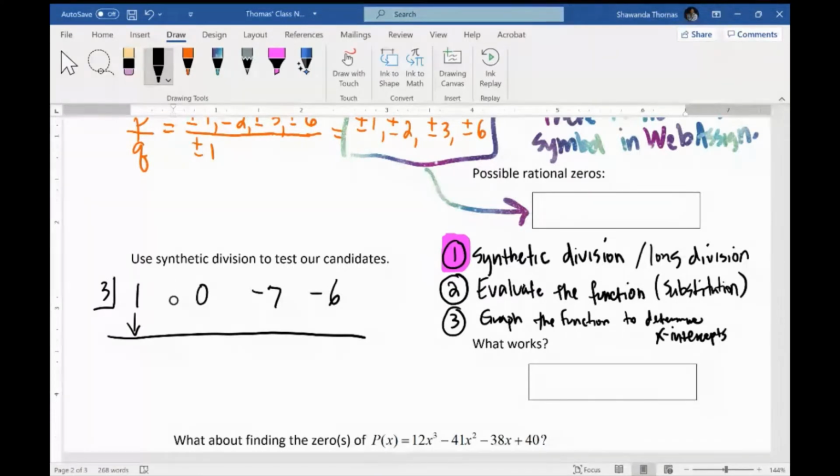Other than Alicia, Kenneth, and Nakiria, y'all tell me what number I should write down first. 1. Thank you, Tanaya. Next number. 3. Next number. 3.